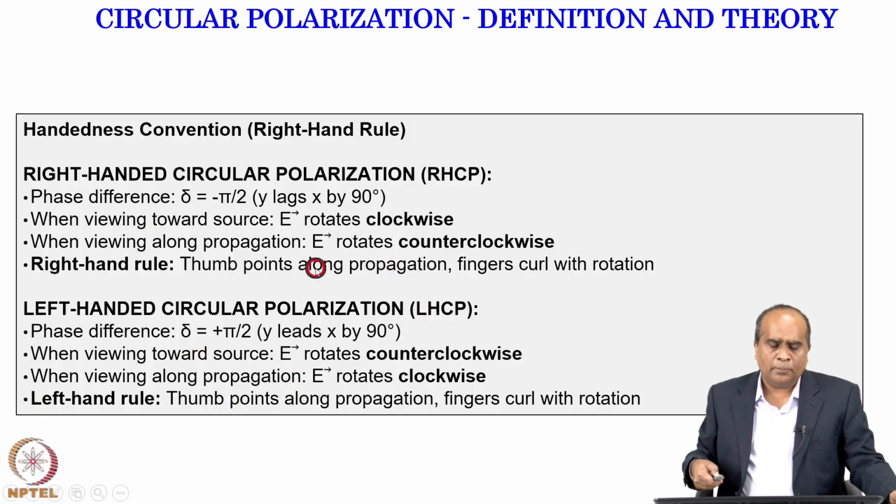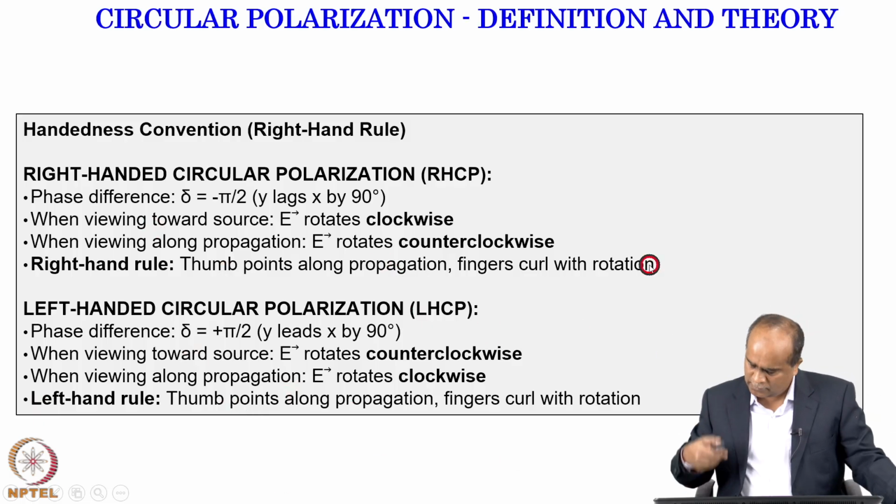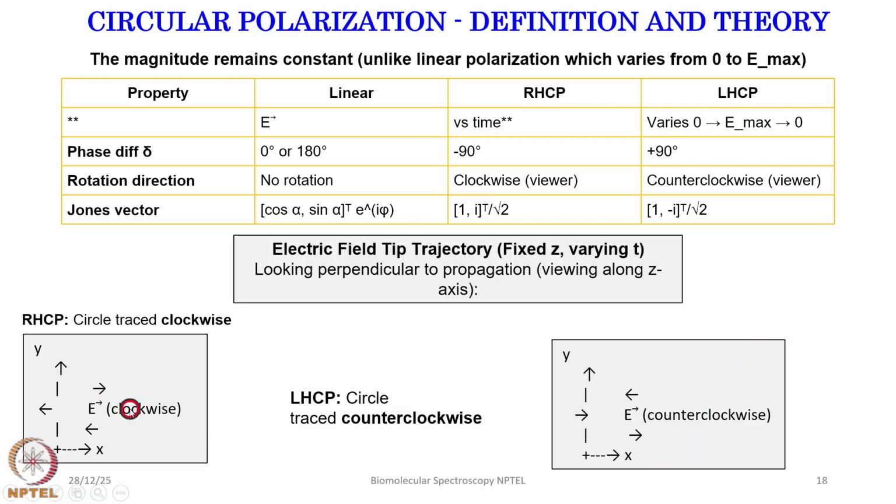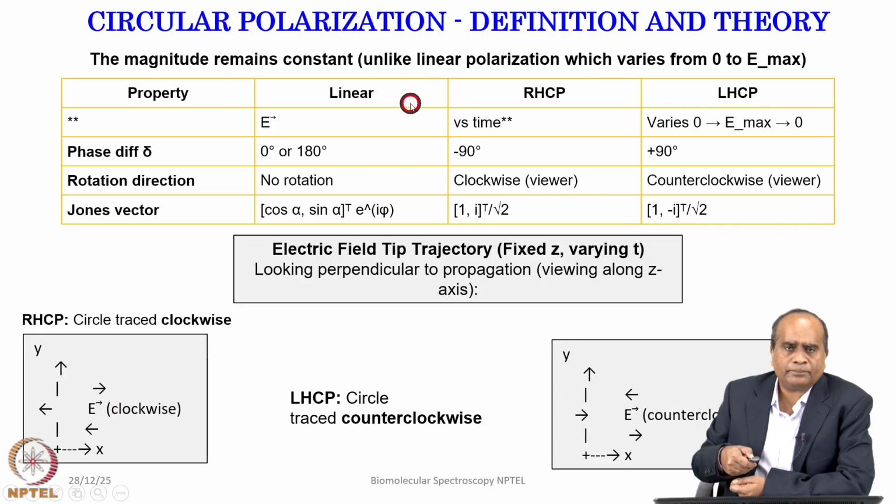The thumb points along the propagation, and the fingers show the rotation. That is the 12th class rotation that we have seen, but briefly, here it is a clockwise rotation and here a counterclockwise rotation. So, circularly polarized light can be linear, right handed or left handed.